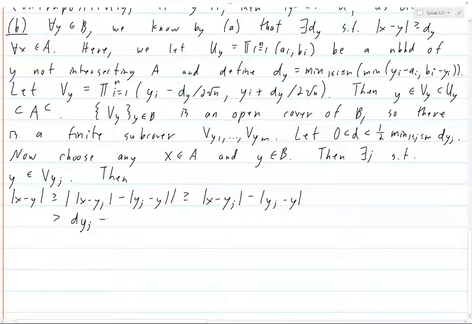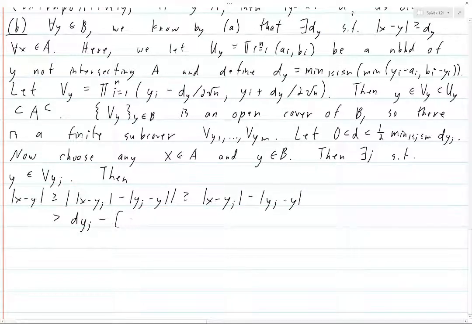So for each index, the distance from the ith index of y to the ith index of yj has to be strictly less than the radius. And because we're subtracting it, it becomes greater than.